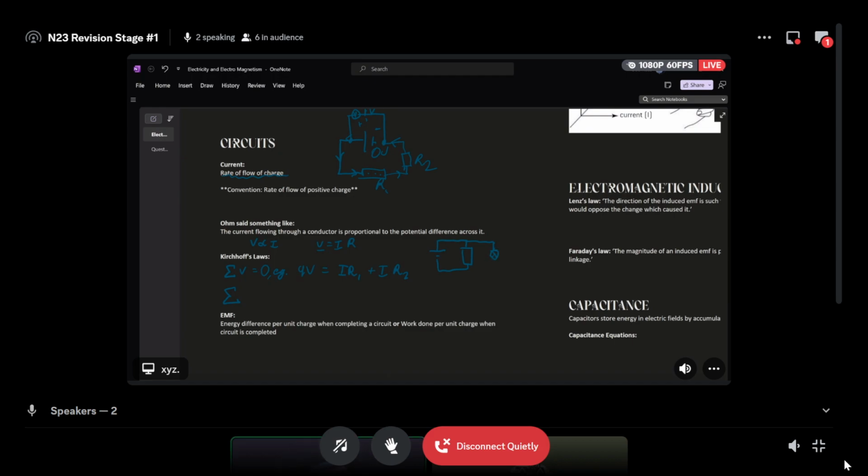Let's say you have a lamp here. You can form 2 different loops, and this is essentially what helps you in creating all those simultaneous equations we love Kirchhoff for, because you can form a loop here, you can form a loop here, and you can also form a loop in here.